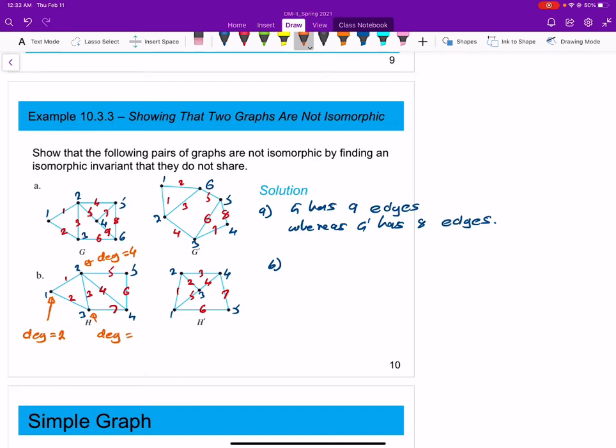The degree here is 3. Degree here is 3 again. And degree here is 2.